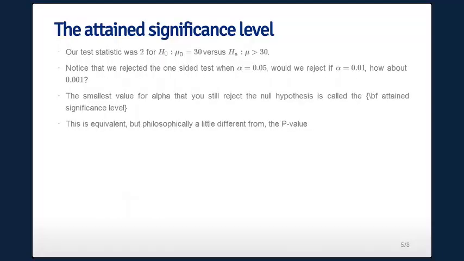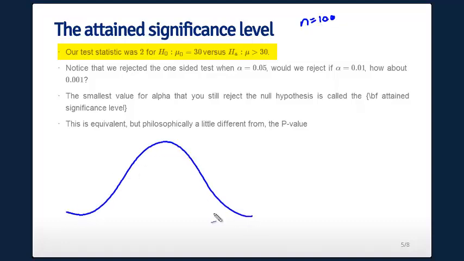There's a related idea, numerically equivalent, called the attained significance level. Our test statistic was 2 for H0: mu equal to 30 versus Ha: mu different from 30, when we said that n was 100. Here's our normalized test statistic distribution under the null, and our test statistic works out to be 2.